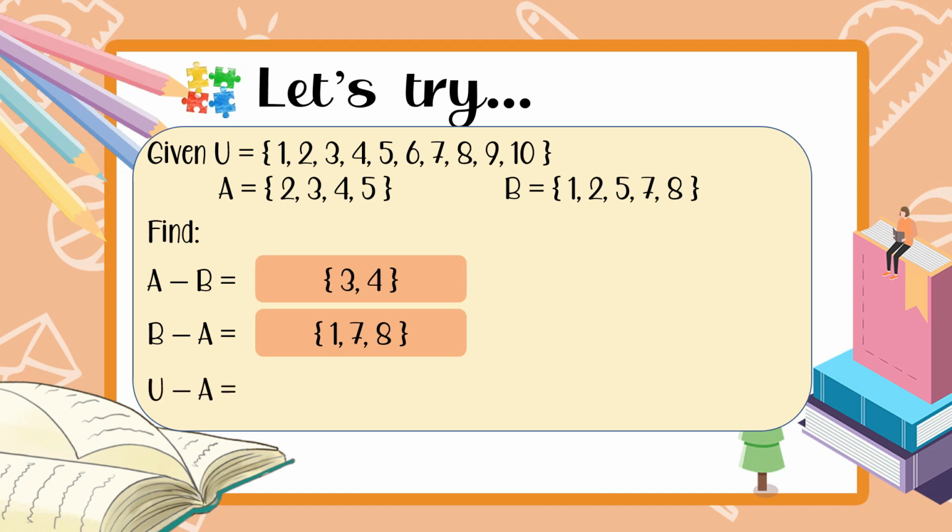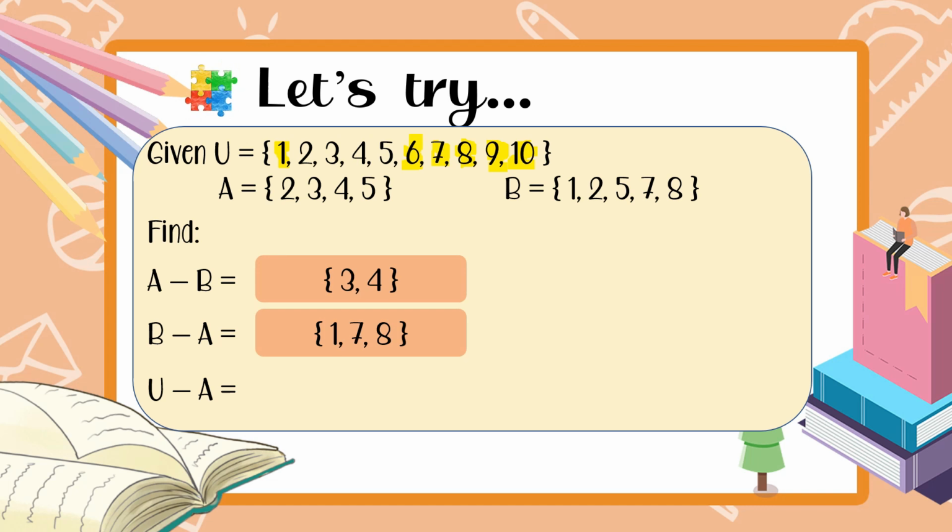Next, we have U minus A. So, lahat ng elements ni set U or ni universal set na wala kay set A. So, we have the element 1, the element 6, element 7, element 8, 9, and 10.